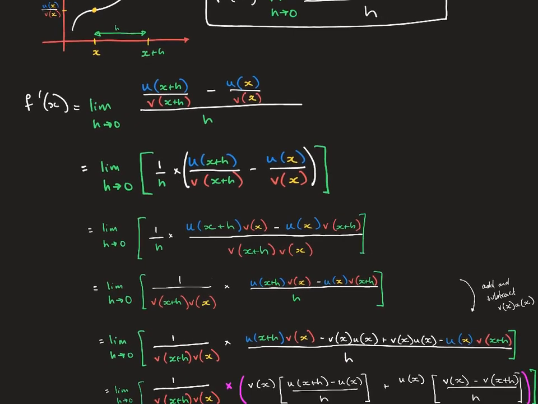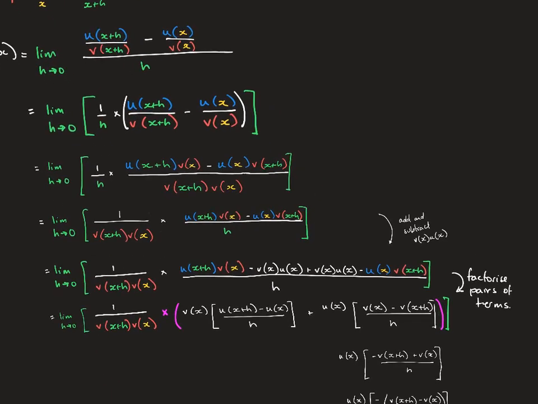So the next thing that I do to create a situation where I can take out a common factor is, from this step to this step here, I add and subtract u of x times v of x. So I'm going to add it in and take it out, and you can see that I've done that here.